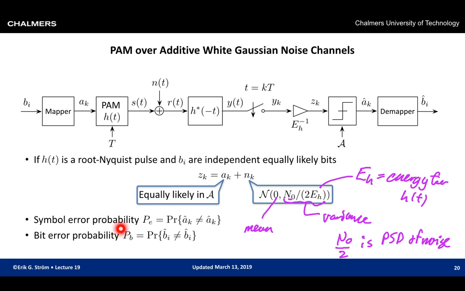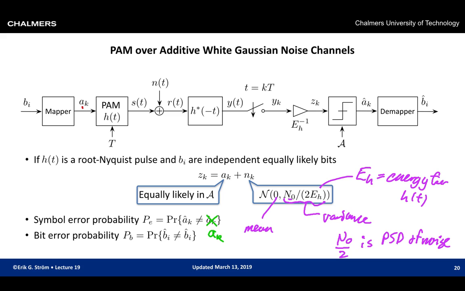And then one can compute the symbol error probability, which is the probability that the decision on the K symbol, where K is the time index, is not equal to A_K. Sorry, it should be A_K here, of course, not the hat. So this is the probability that we make a symbol error.